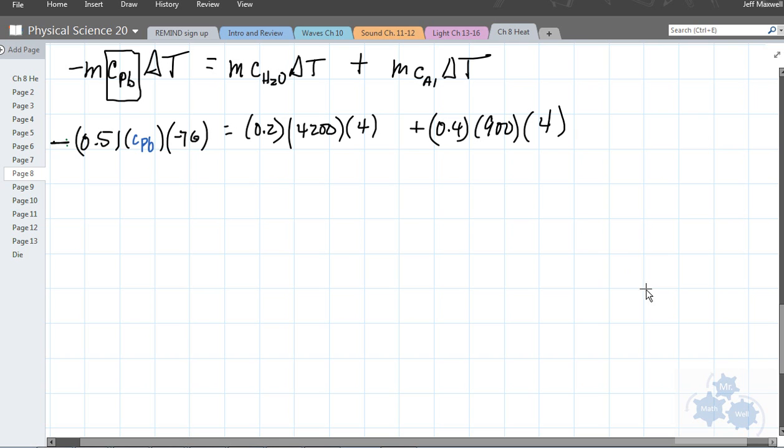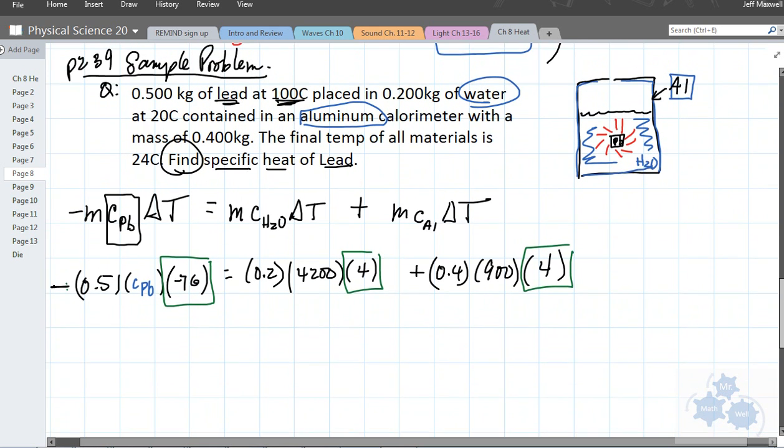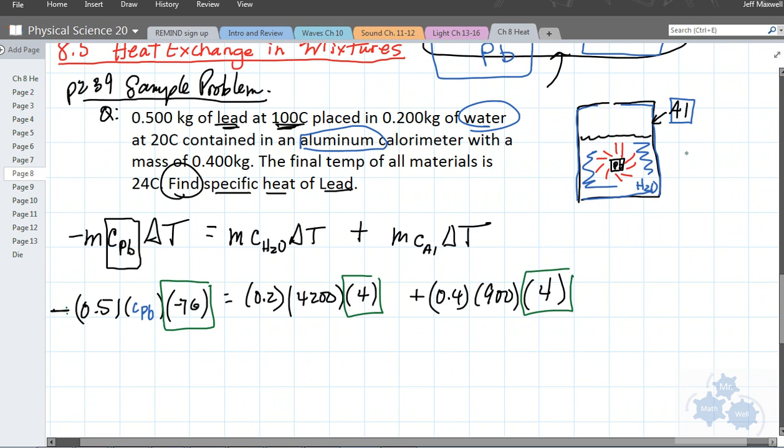If we fill in all the values that we are given, we've got something that looks like this. The only thing you might be wondering about is this temperature change right here. Let me explain that. How did I get those values? Well, the lead started off at 100 degrees Celsius, and it went down to what? It doesn't say what the lead is, does it? But it does tell us that the final temperature of all materials is 24 degrees Celsius.